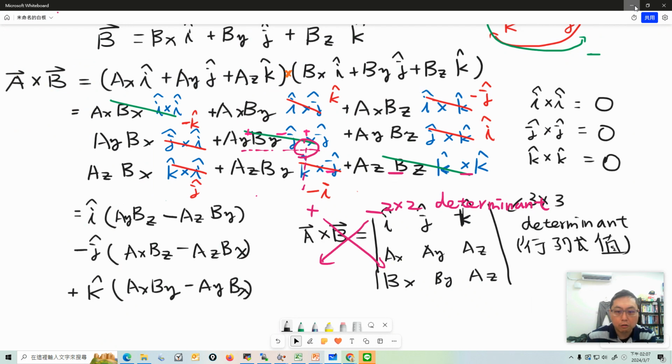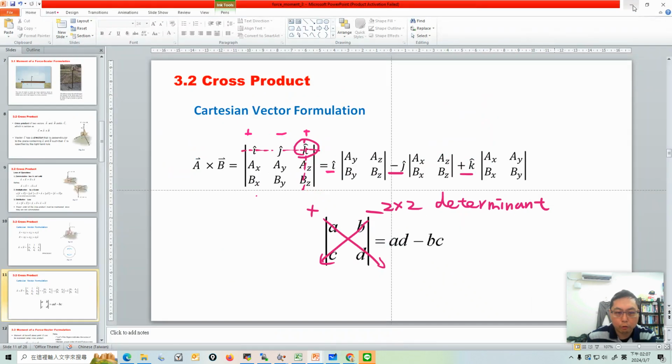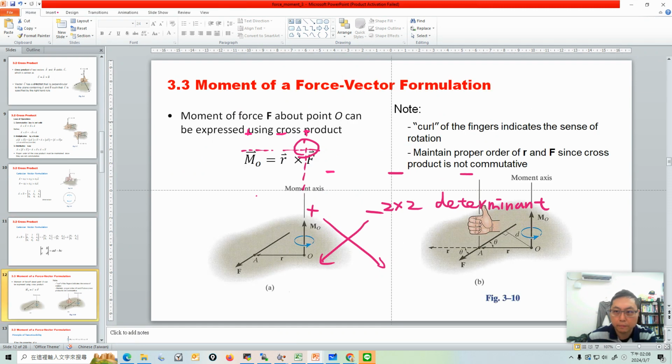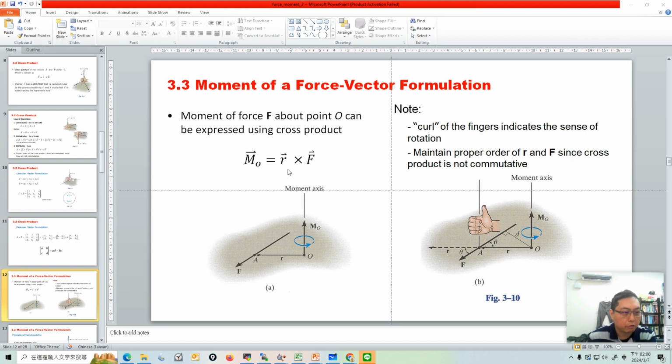Okay, so that's the cross product calculation. I hope you can start to get familiar with it, because in 3D space calculation, the moment is equal to r cross F. It's a cross product. Moment in 3D space is a cross product.